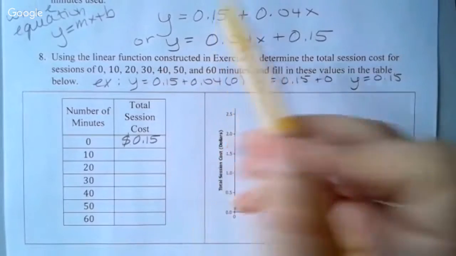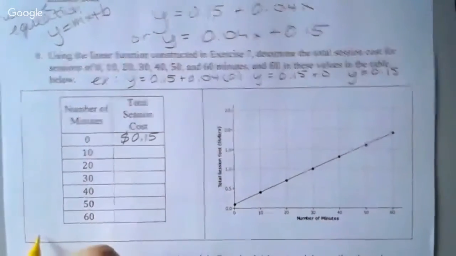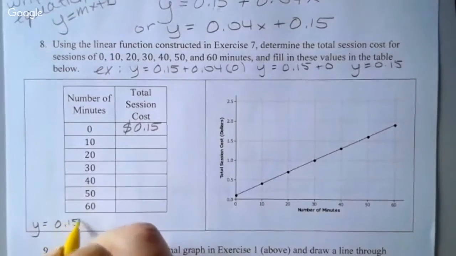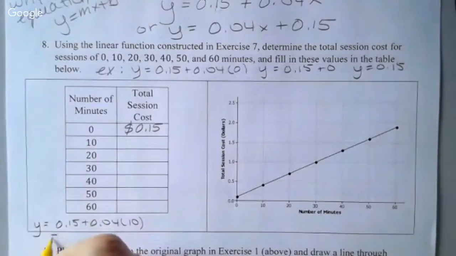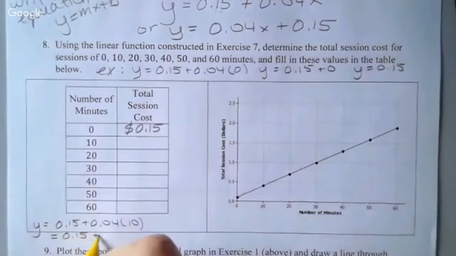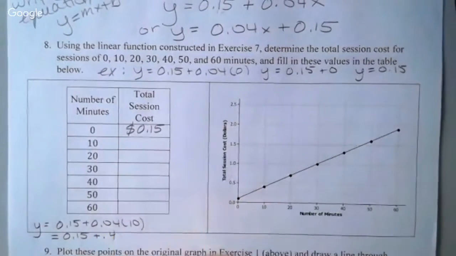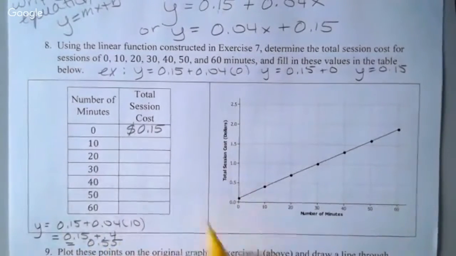You should be able to fill that in anyways because it's our initial fee and initial value of what should be across from 0. So now if I want to know what it is for 10, I'll do another example down here. I would have y equals 0.15 plus 0.04 times 10. So that means 0.15 plus 0.4, which means this is 0.55, 55 cents.